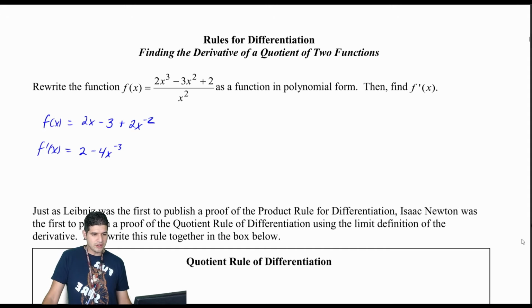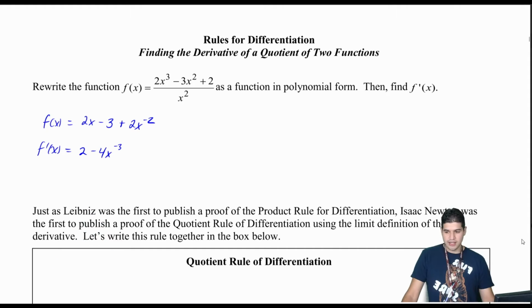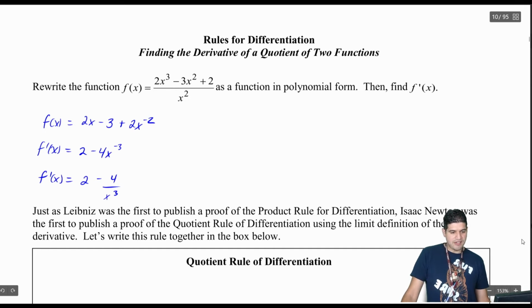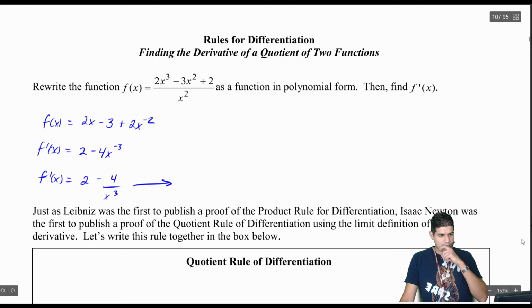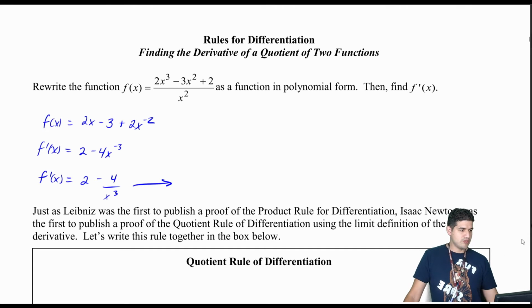And if I wanted to, I could even rewrite that a little bit, and say f prime of x equals 2 minus 4 over x cubed. And if I wanted to, let's just see what happens. If I rewrote this, I would need to multiply the first one by x cubed over x cubed, so we could get a common denominator.